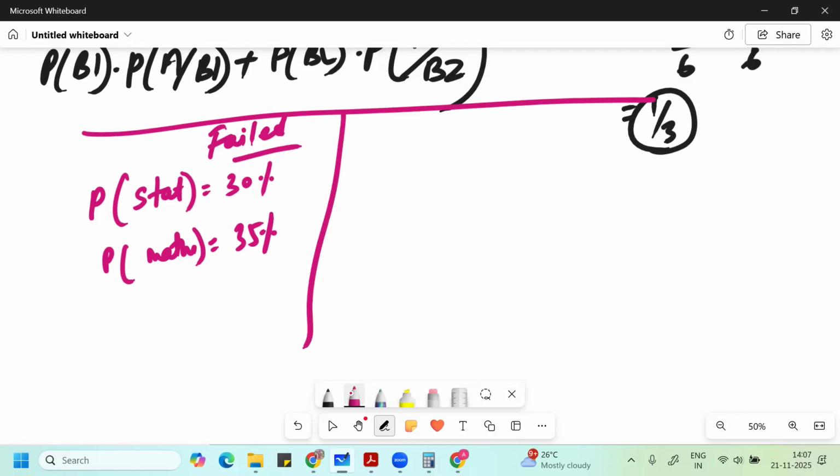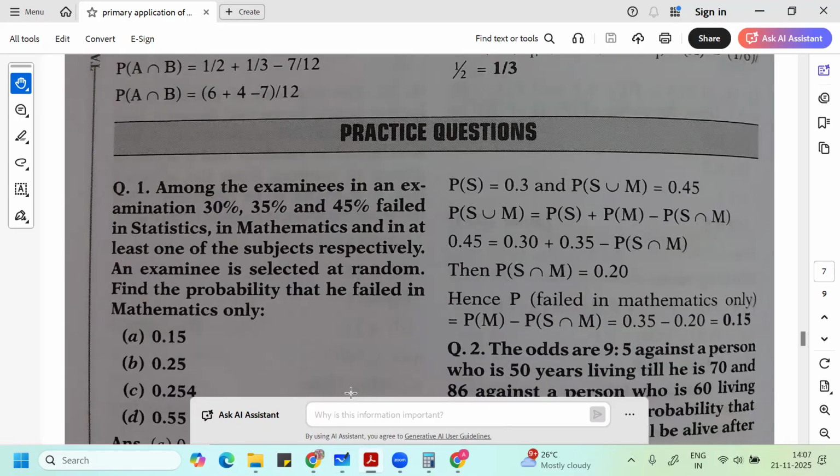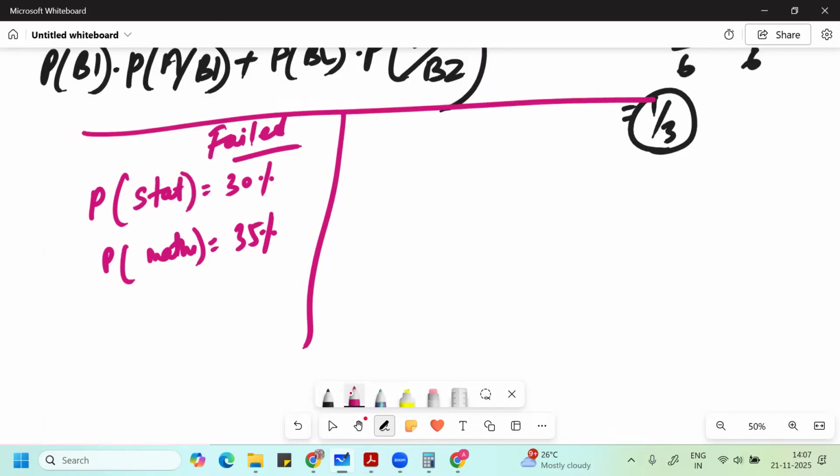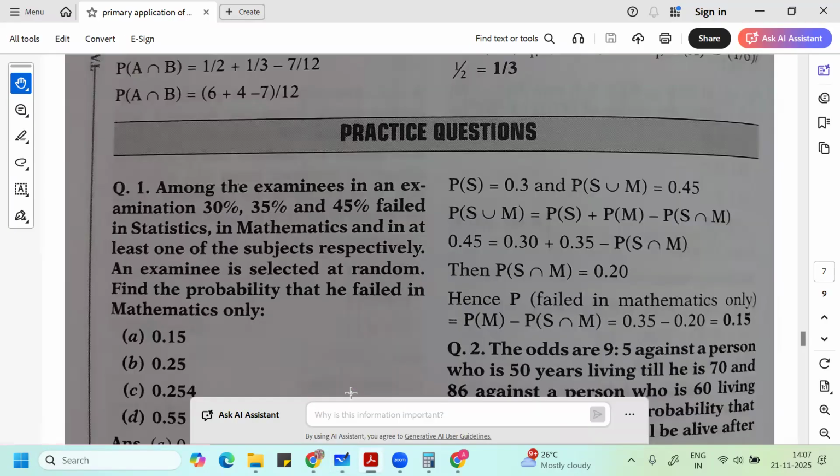And 45% in at least one of the subjects, the probability that you failed in maths or statistics is 45%. So 20% is the probability that you failed in both the subjects.